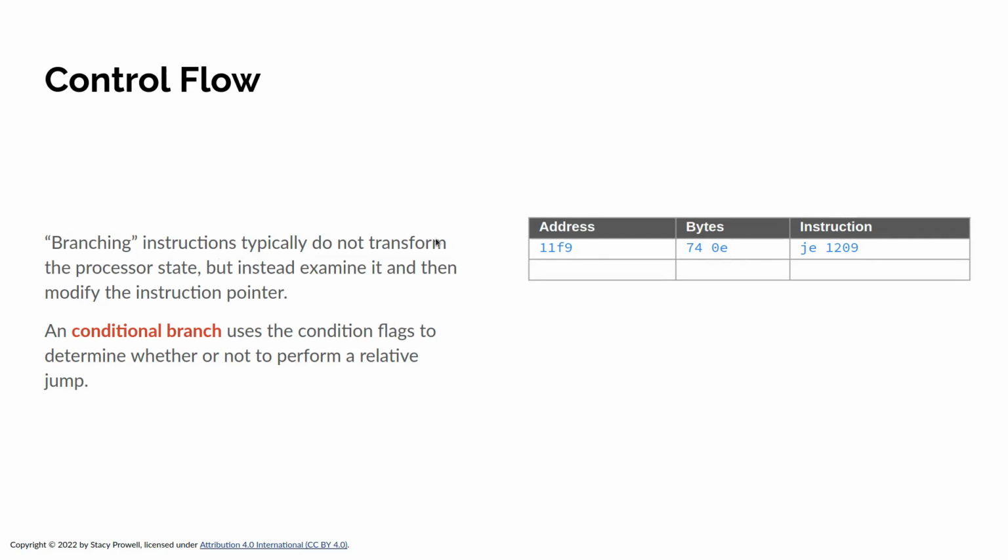And conveniently, they all start with J. That's pretty nice, right? They all start with J, except this is x86, so there's always an exception. We'll talk about the exception later. Yes, there is an exception that modifies more processor state and doesn't start with J.